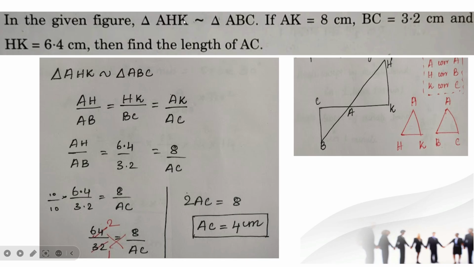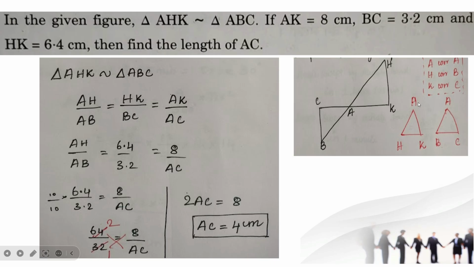They said these two triangles are similar, right? So angle A is corresponding to angle A, angle H is corresponding to angle B, angle K is corresponding to angle C. So first you just draw the first triangle AHK. Draw the another triangle which is similar to it.